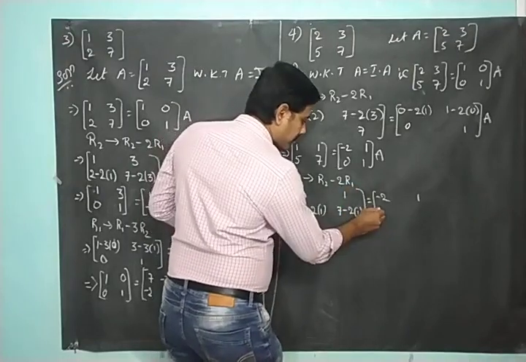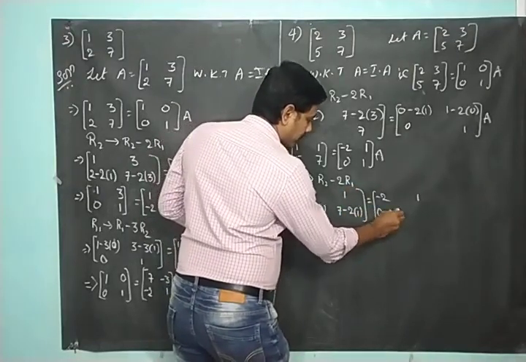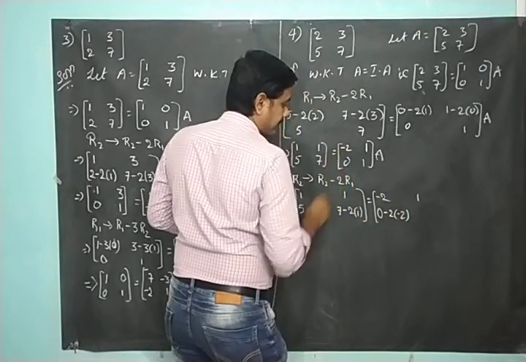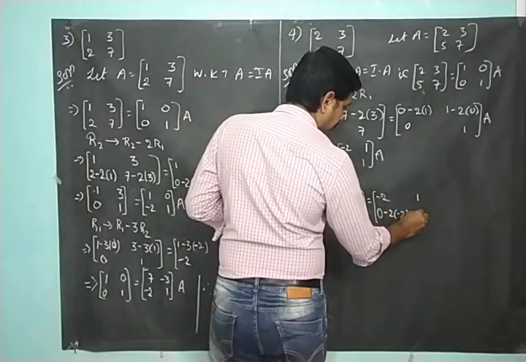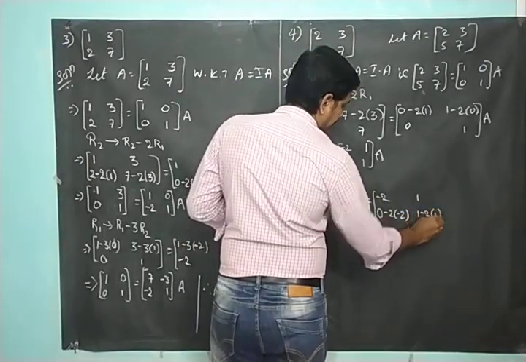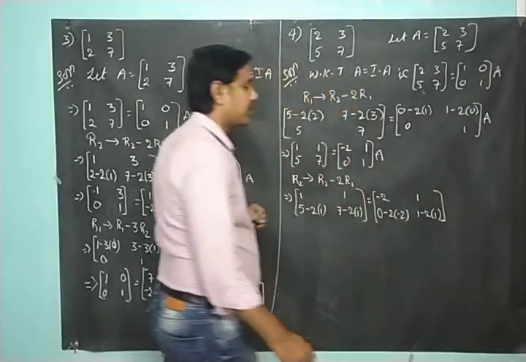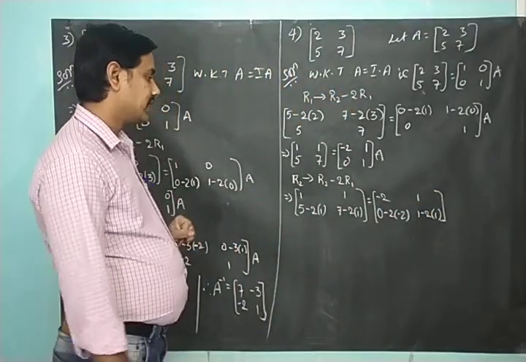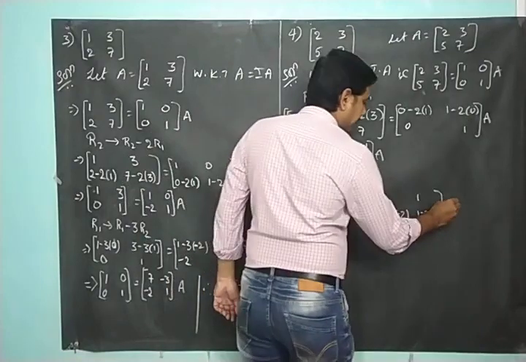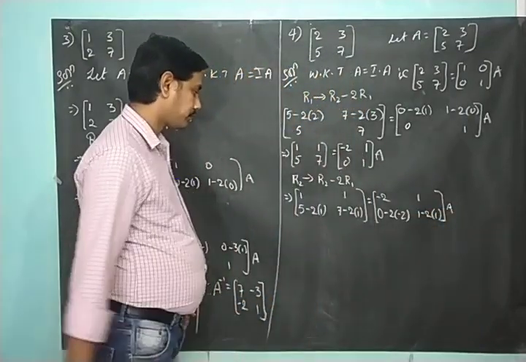Here R2 is 0 minus 2 times of R1, which is minus 2, and here R2 is 1 minus 2 times of 1. I hope this is clear and A will come as it is.